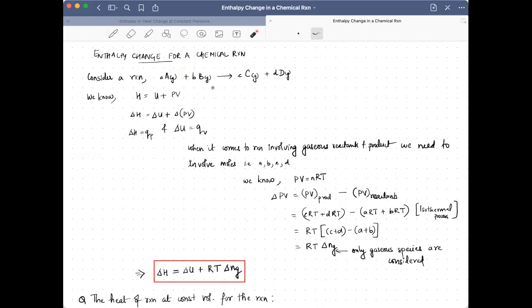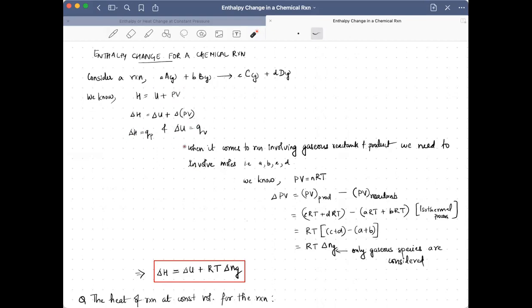So the coefficients are basically the number of moles in the reaction. And so we have to derive an expression which we can apply even in the chemical reaction in order to calculate the value for delta H or delta U.